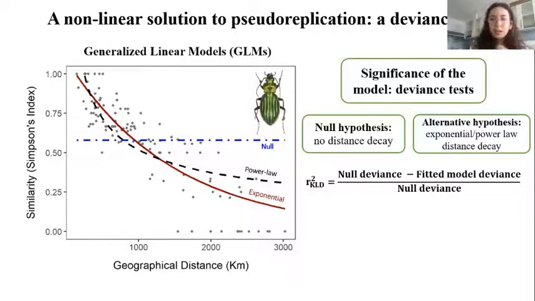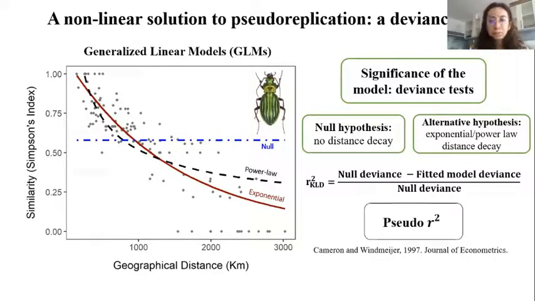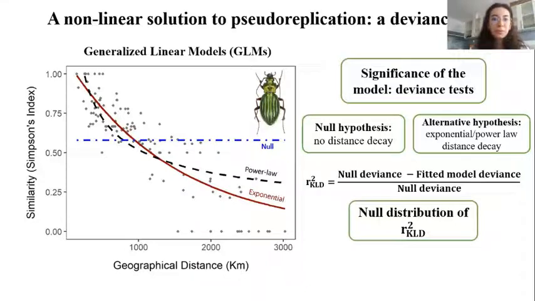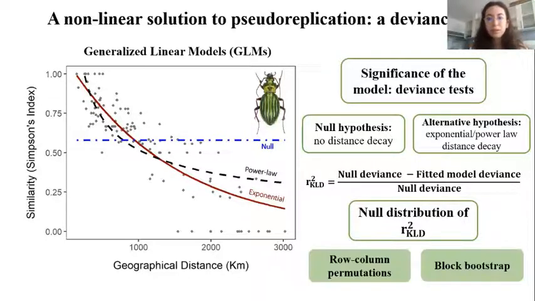This statistic takes the form of a pseudo R-squared, and now comes the big question. How can we estimate the null distribution of this statistic to avoid pseudoreplication? Well, we can import the idea from the Mantel test and use row-column permutations. And we went one step further and also tried another method, a block bootstrap, that incorporates this very same idea.